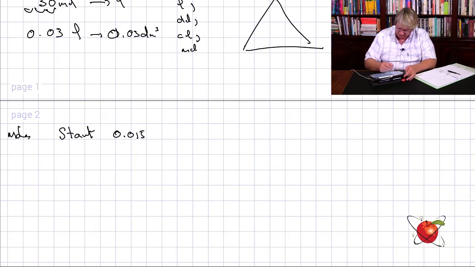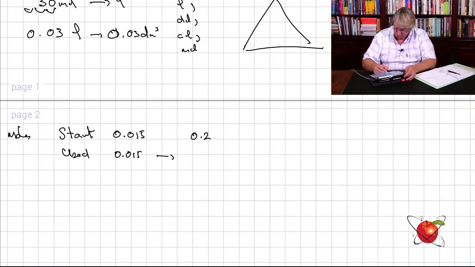Then we used 0.015 moles. That was our 30 mL. And that started with 0.025.